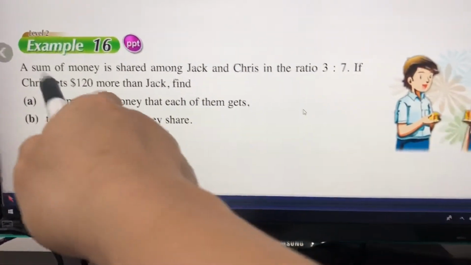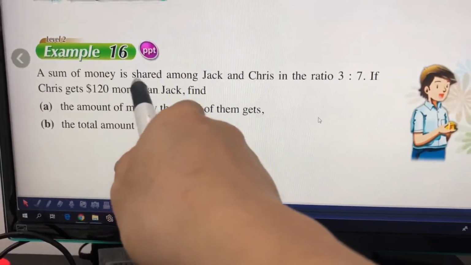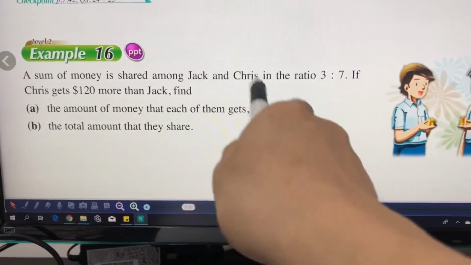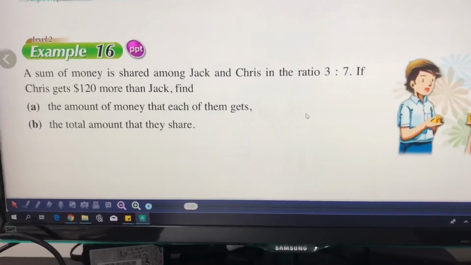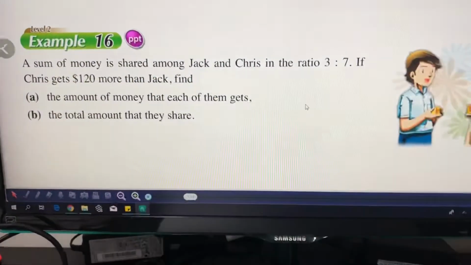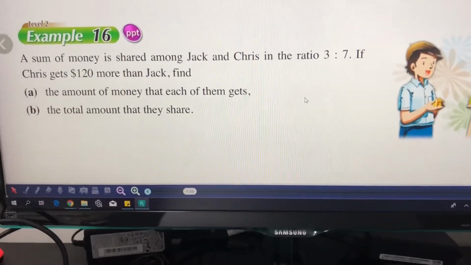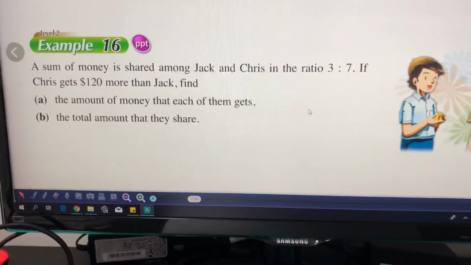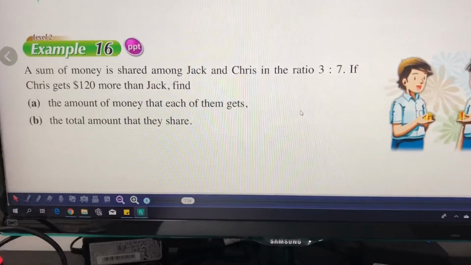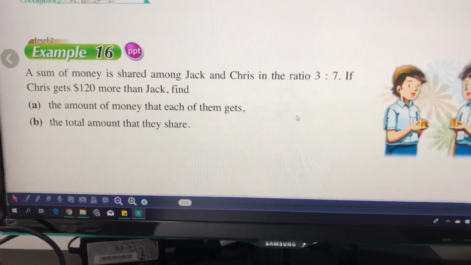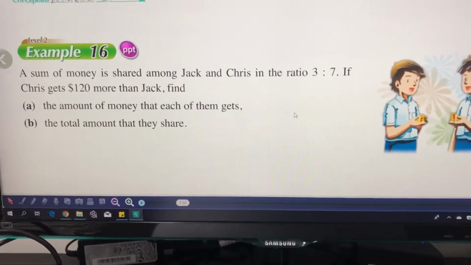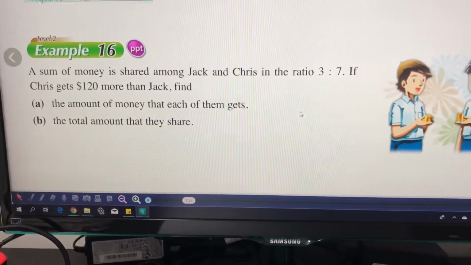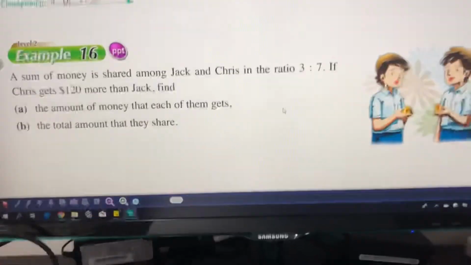We say that a sum of money is shared among Jack and Chris in the ratio 3 to 7. If Chris gets $120 more than Jack, find the amount of money that each of them gets and the total amount that they share. Okay, so maybe we try to answer question A, the amount of money that each of them gets.